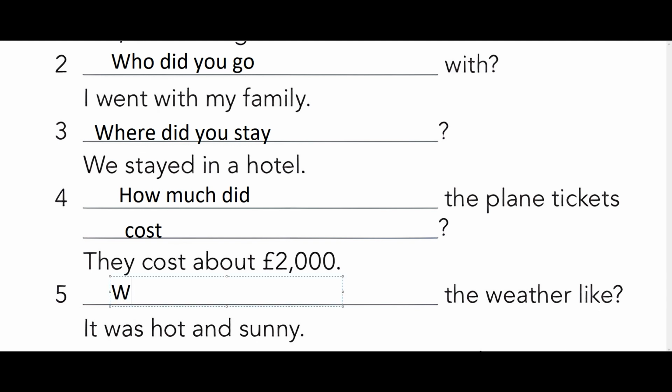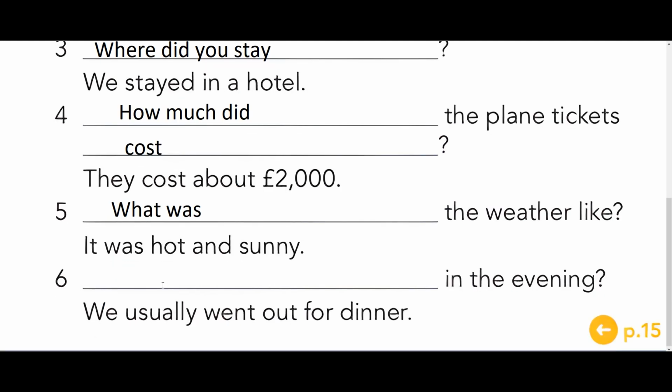What was the weather like? It was hot and sunny. Next, number 6, the last one. What did you do in the evening? We usually went out for dinner.